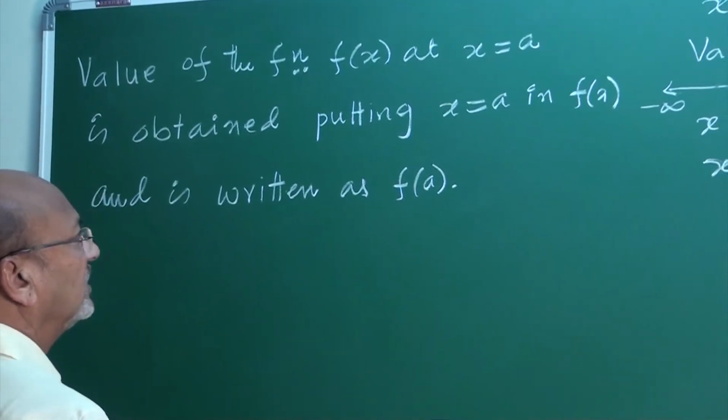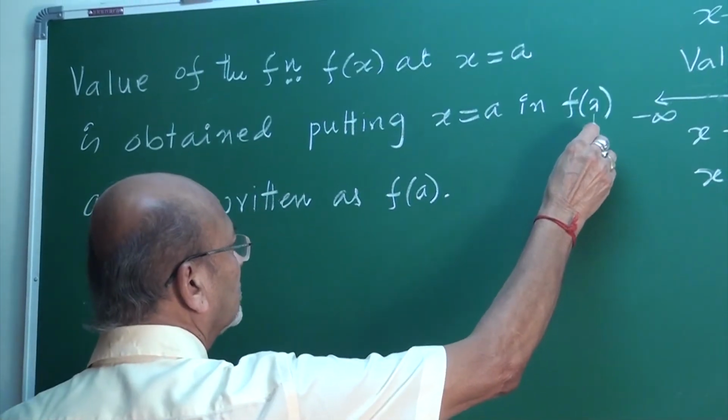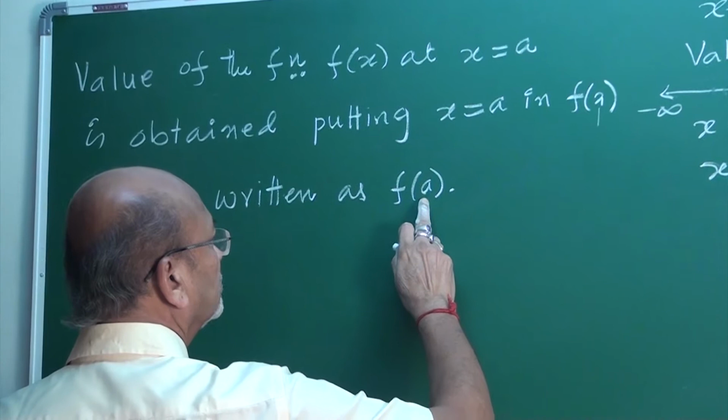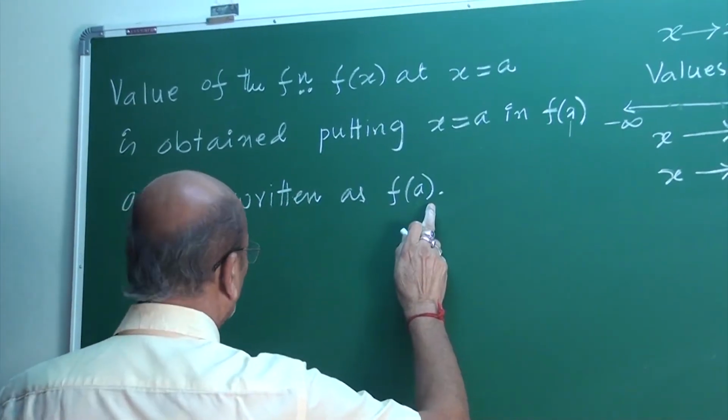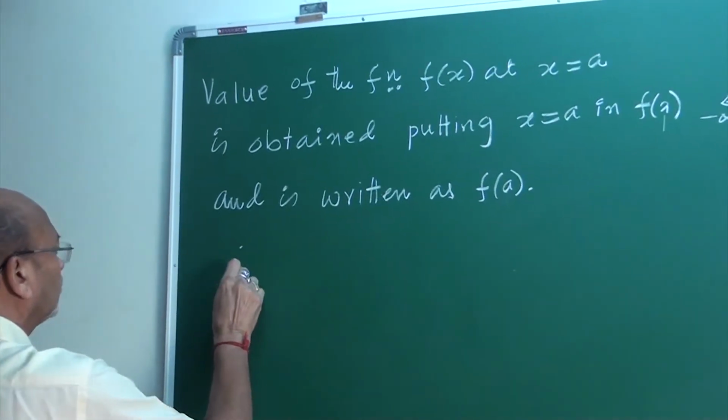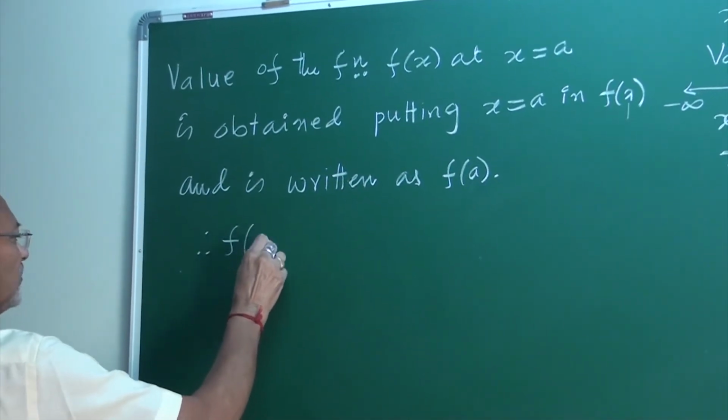What we have done in f(x) is substituted x equal to a. If you put x equal to a, then it becomes f(a).